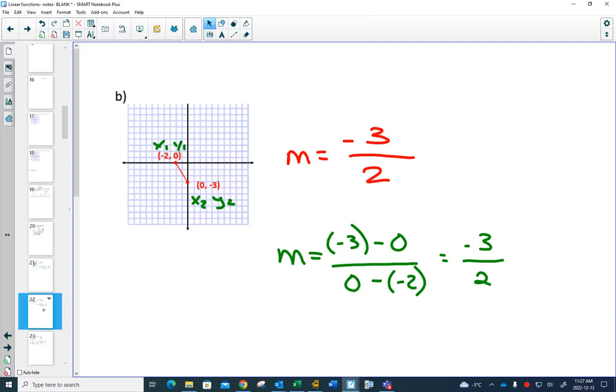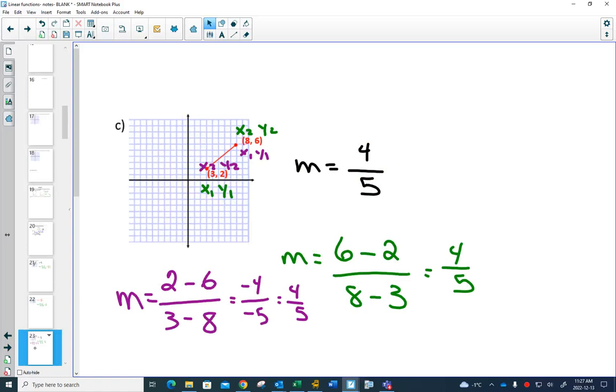So it doesn't matter. But what really matters is that this was my y2 and this was my x2. You cannot put the 2 in here for the y and then choose the 8 for the x. That will be a problem in the formula. Okay?